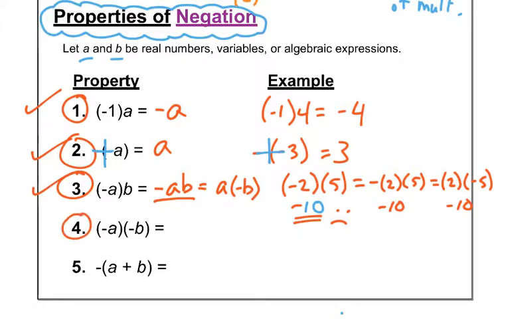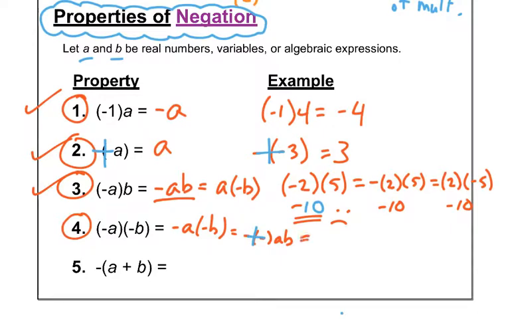Number 4. I've got 2 opposites here, 2 negatives. So what we could do is actually take both of those out. If we have a -A and then multiply by the -B, why don't we take the negative on the B out, so that'd be a negative A times B. I took both negatives out because now I can use property 2 and see that the two negatives make a positive.